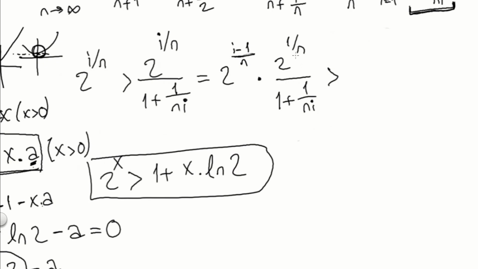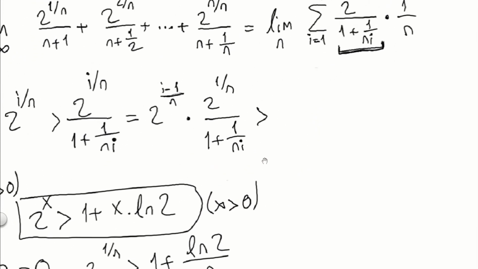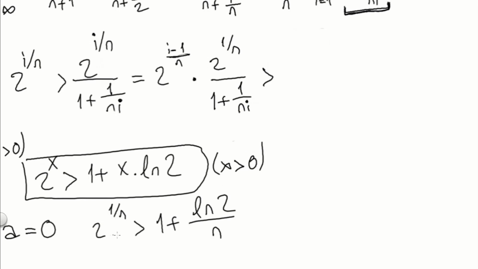And now I need x to be 1 over n, so I will just put it there. Is bigger than, so this is true for any x positive, and 1 over n is positive. So this will be just 1 plus ln 2 over n. Cool. So I can just use it here, and instead of 2 to the 1 over n, I will put this thing, so it will be just less.